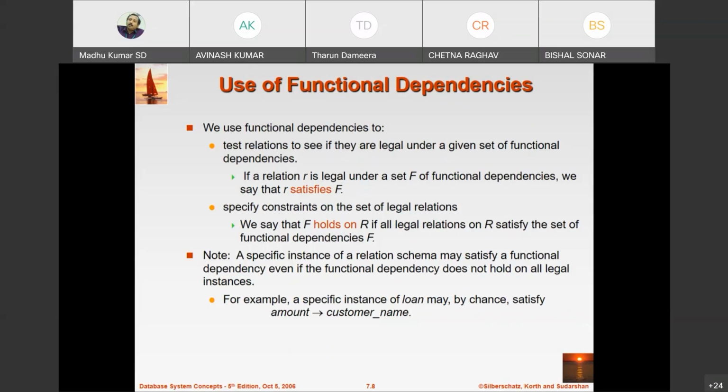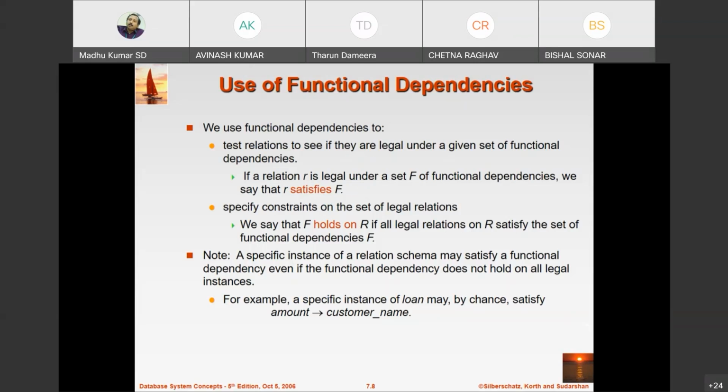All right. So we say that F holds on R if all legal relations on R satisfy the set of functional dependencies. A specific instance of a relation schema may satisfy a functional dependency even if the functional dependency does not hold on all legal instances.